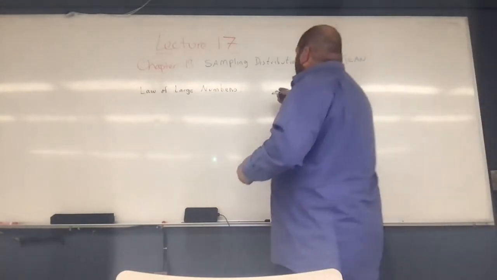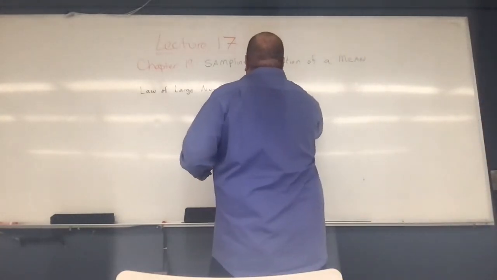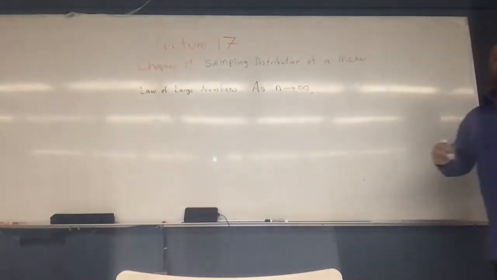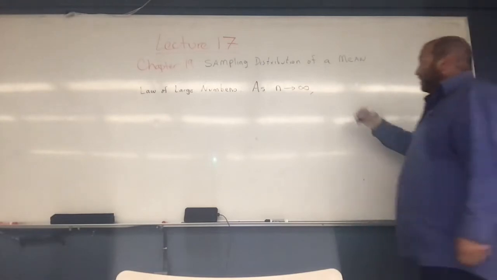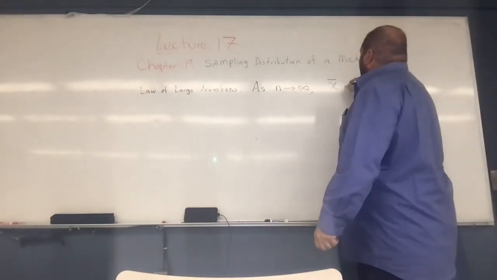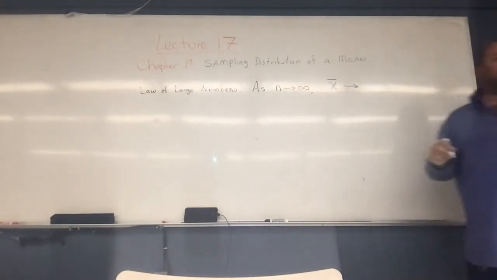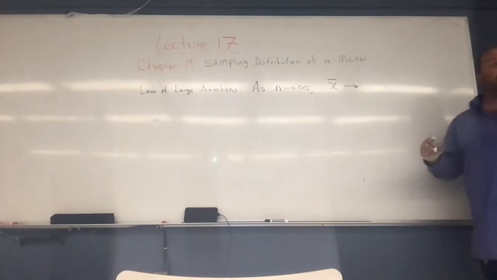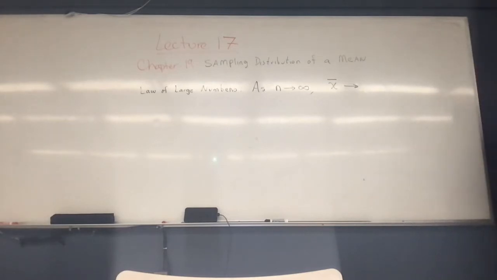So the same idea. I'll do it in shorthand as n goes to infinity. As the sample size gets really, really large, x bar, which is my sample mean, gets closer and closer to what? X is not the symbol that we use for the population mean.